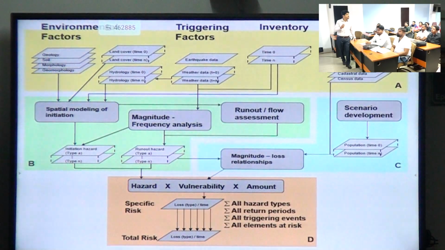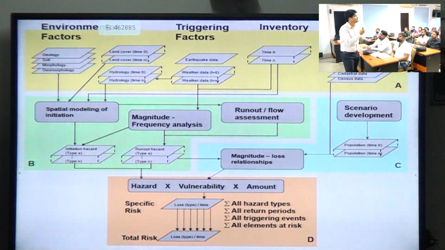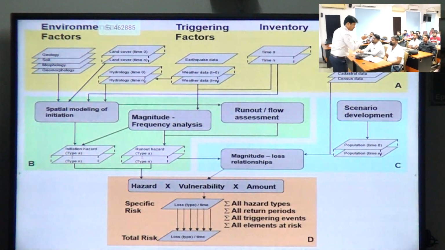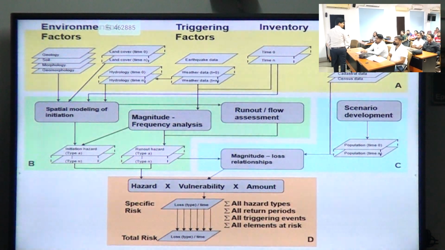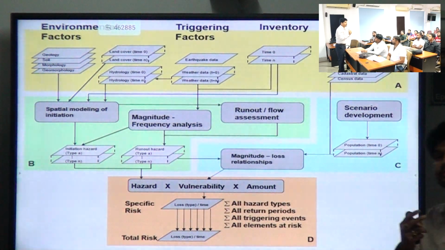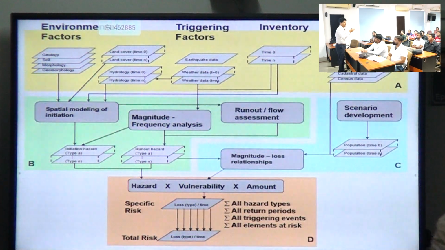In landslide, you have two types. One is earthquake, another one is rainfall. Man-made is already there in the land use, and land use is basically the human activities that we are doing.